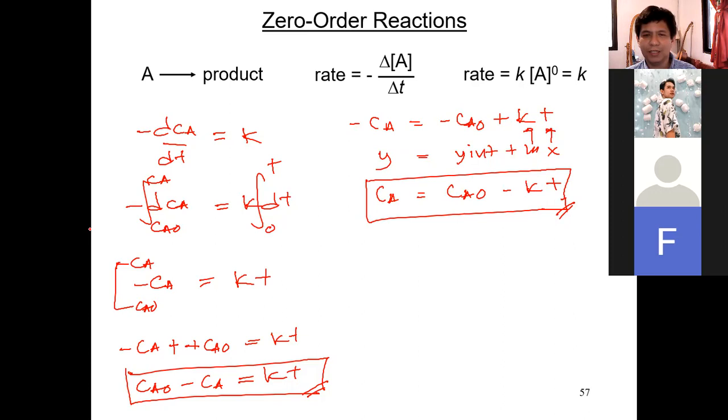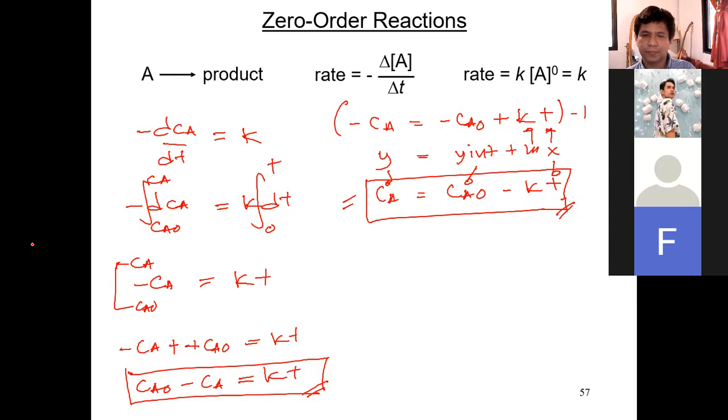Para maging ganito, i-multiply nyo lang ito ng -1. Probably this is the standard form. This is much better than this. Okay, so ito yung y-intercept. Ito yung y, ito yung x, tapos yung makukuha yung slope equal siya sa negative k.